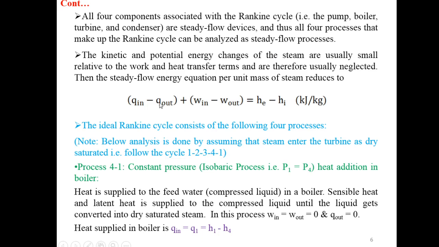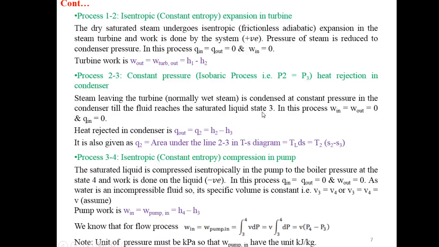So if we apply this condition, this quantity 0, this one 0 and this one 0. So minus W out will be equal to H exit is H2 and H in, inlet, is H1. So H2 minus H1 equal to minus W out. So W out will be equal to H1 minus H2.